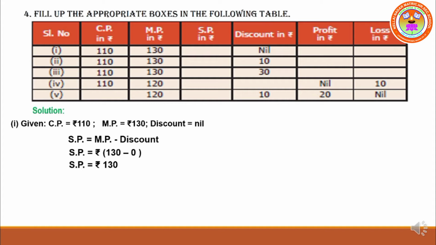Now I've got my SP value. So what should I do? I have to compare my SP and CP. On comparing SP and CP, I find that my SP is greater than CP. So when it is like this, I say that there is a profit. To find the profit amount, I have to subtract CP from SP.